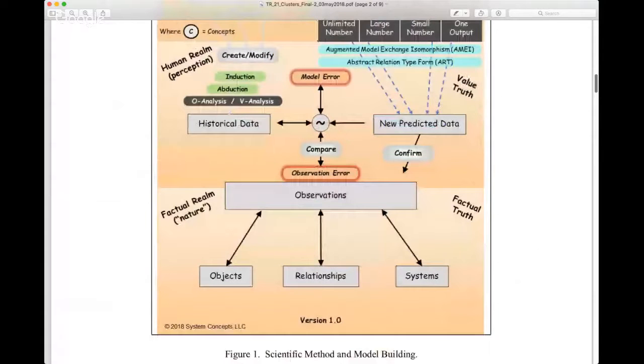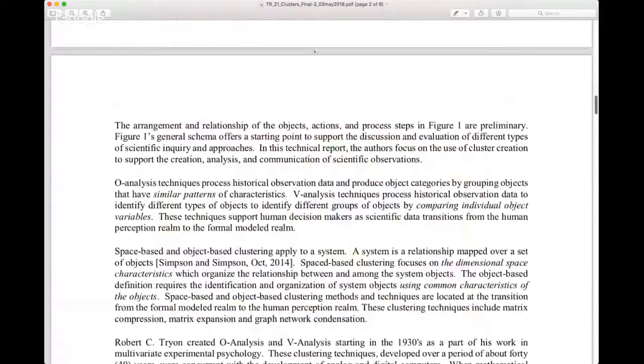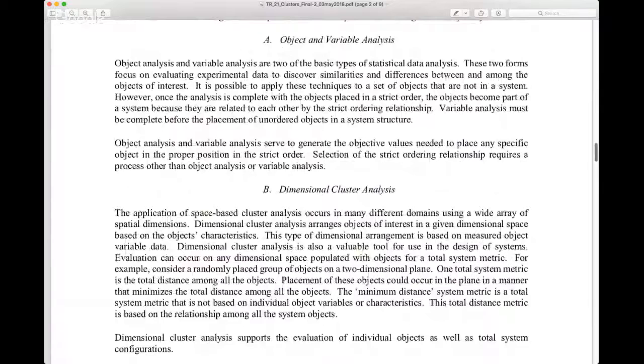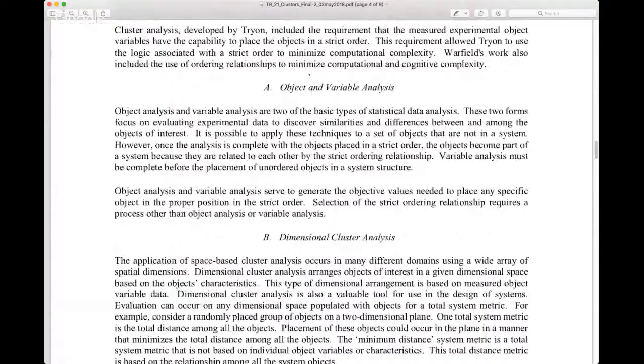Okay, so let's see, common characteristics, space-based. So the object and variable analysis are just two basic types of statistical data analysis. One of the things I found very interesting about Trion's work was that when they were selecting characteristics about the objects of interest, he would not allow them to select a variable that you couldn't use to place the objects in the strict order.